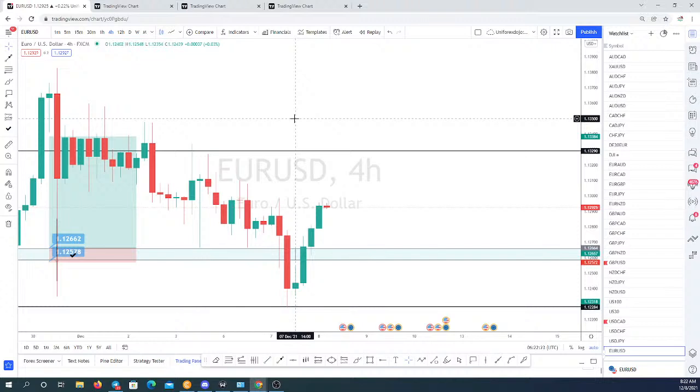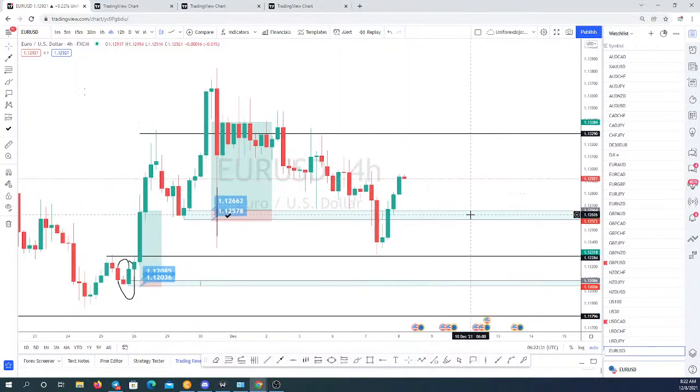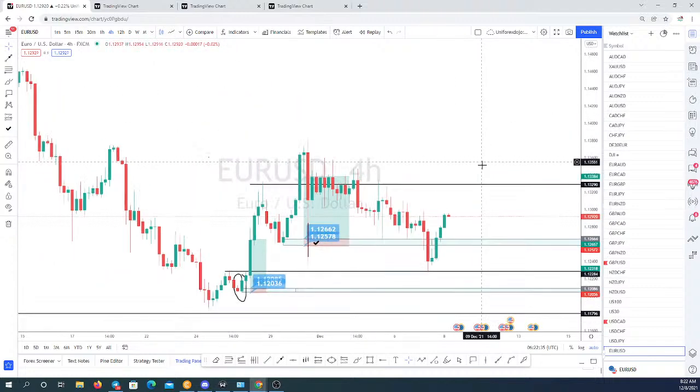Okay, let me just open this. Okay, I don't know who got this one here. I think it was from this massive drop candle where it passed.